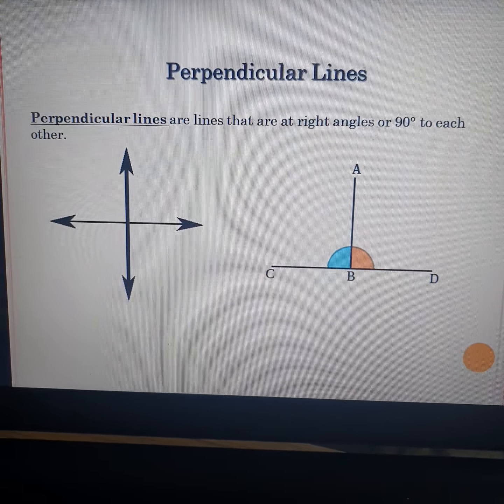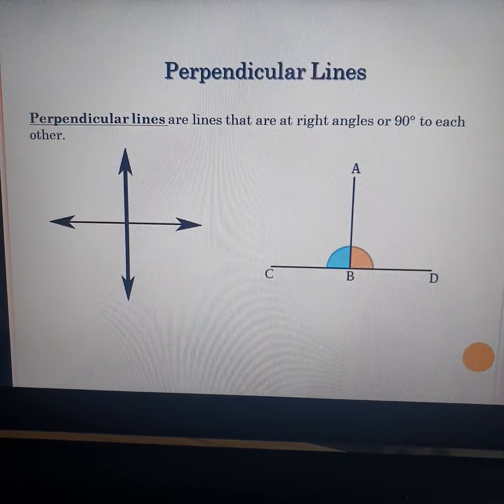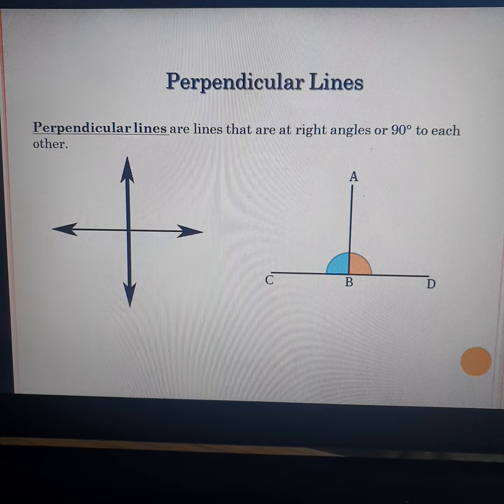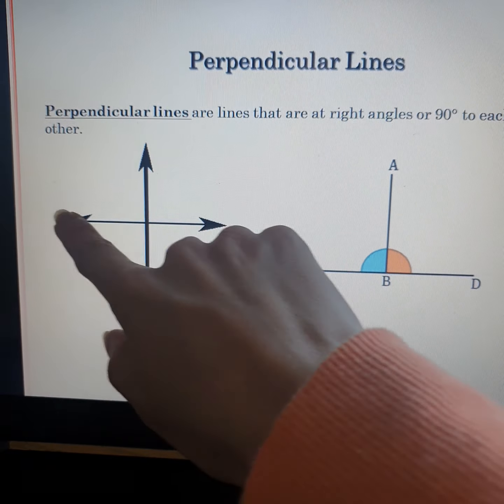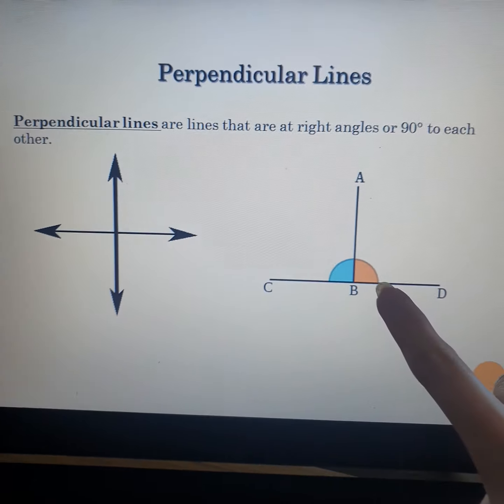Perpendicular lines then, right? So let's take down this key point and a heading and one of the diagrams. Perpendicular lines are lines that are at right angles or 90 degrees to each other, right? So see this line here, perpendicular to this line here, right angles on either side. Same with here.